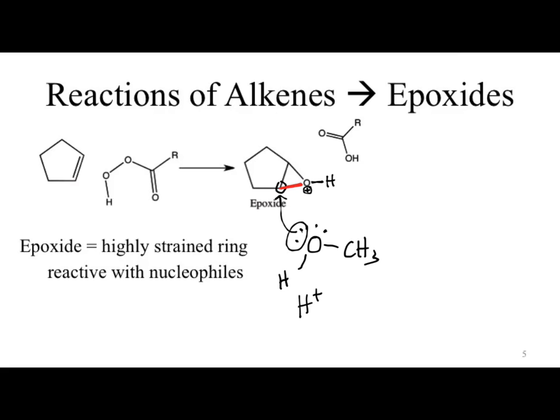Okay? But our nucleophile is in a state where it's not very reactive. If it picks up that hydrogen, our electrophilic structure, our epoxide, is a lot more reactive. So as soon as we acidify it, it can continue on to the next step. Okay? And yeah, that's a very tricky question.